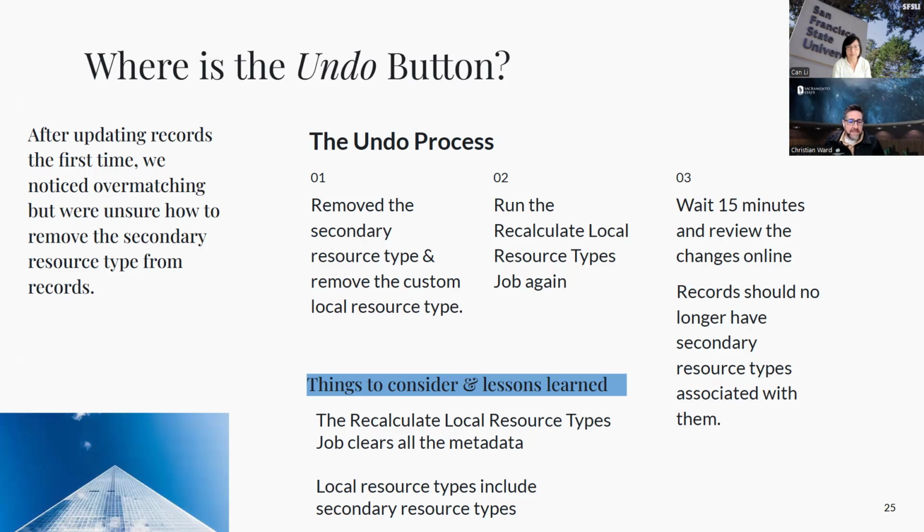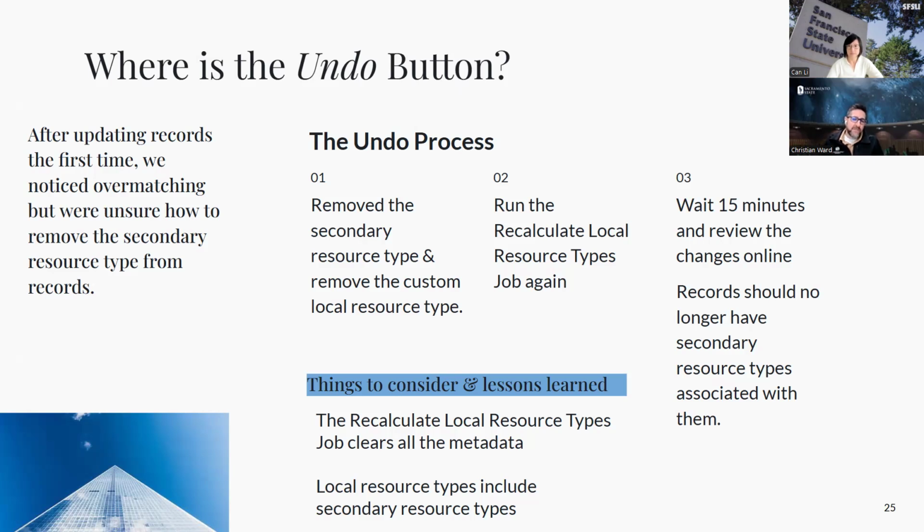And in that process, the system identifies metadata in the record, but there's no associated local resource type or secondary resource type that matches or has some sort of rule for that data. And that is the indicator that causes the system to remove the metadata that was in the record.